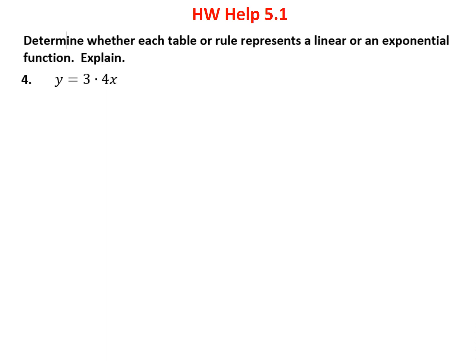Problem 4, like problem 3, once again, we're looking to see, is it linear or exponential? We're given a rule. Remember our rules. For a linear equation, it's y equals mx plus b. The x is to the first power, meaning mx, or you could put a 1 there, mx to the 1 power. They're the same. While an exponential looks like this, where the x is actually in the exponent.